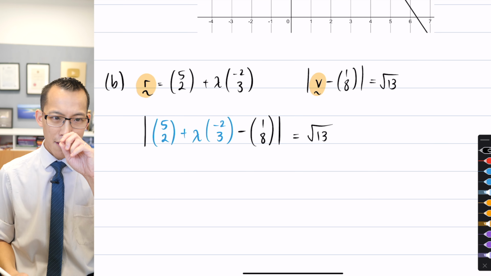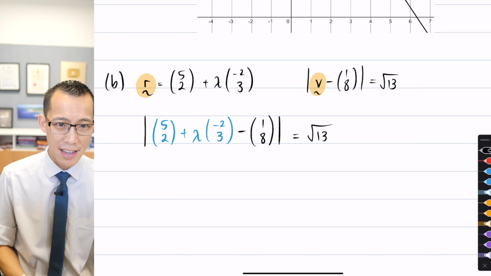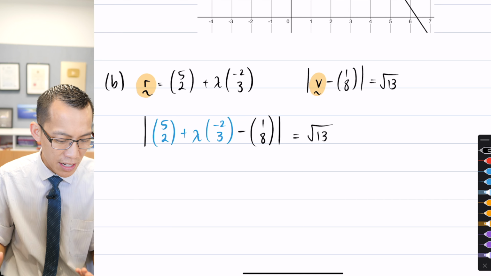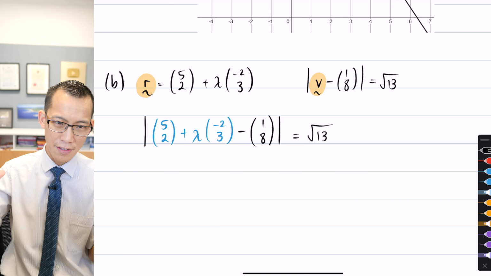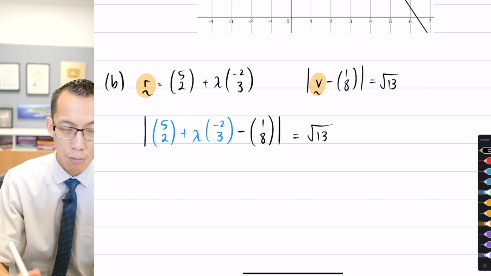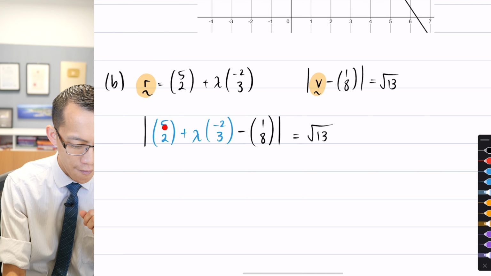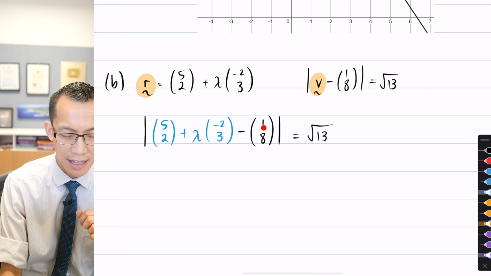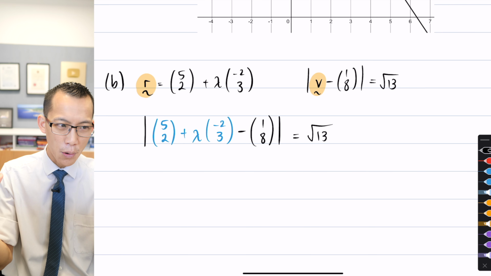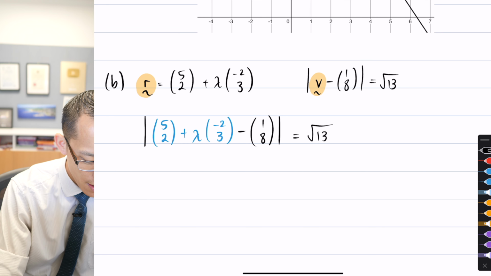Now, it looks weird, but on the left-hand side, it's just vector arithmetic. You don't even need to think about the geometry of this, just think about the numbers. If you look across the top, you've got all three of the x components there, 5, minus 2 lambda, and then minus 1, and you've also got the y components. So there's no reason why I can't just ball them all up together into one thing.